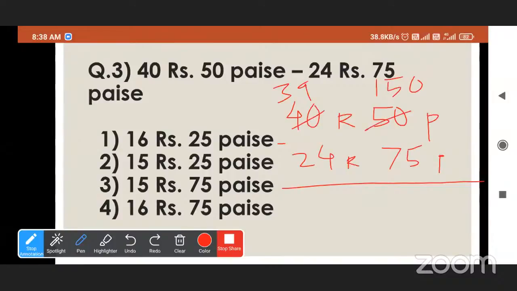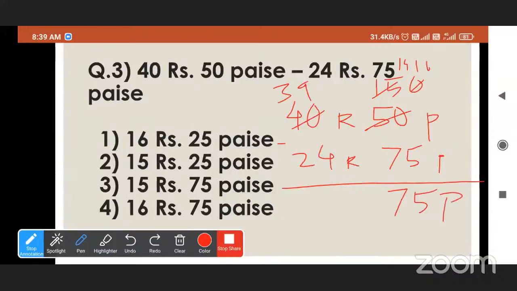So 0 minus 5, we can't do it again. So this becomes 14 and this becomes 10. 10 minus 5 is 5 and 14 minus 7 is 7.